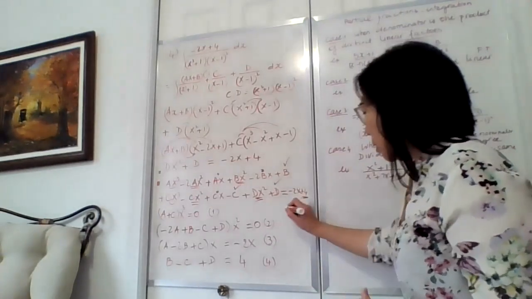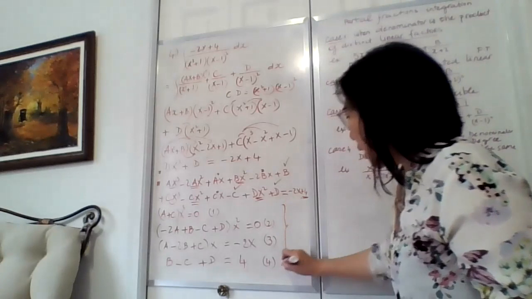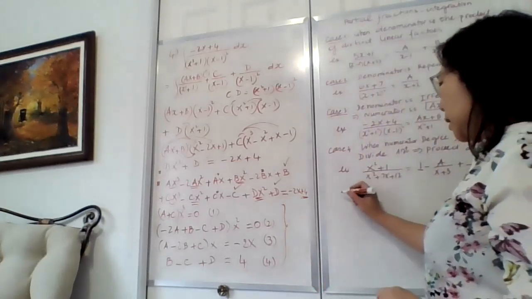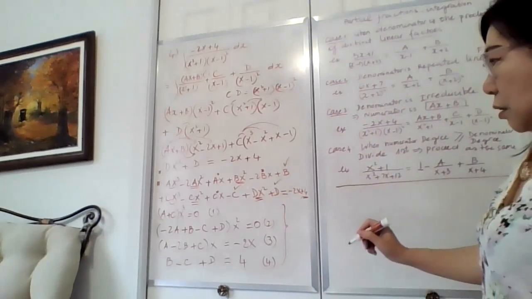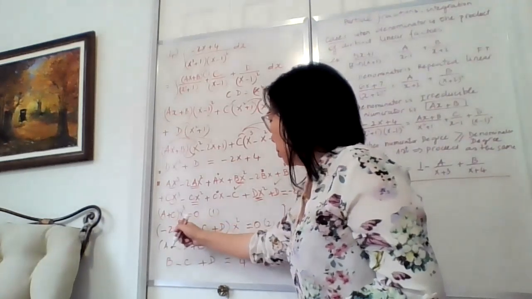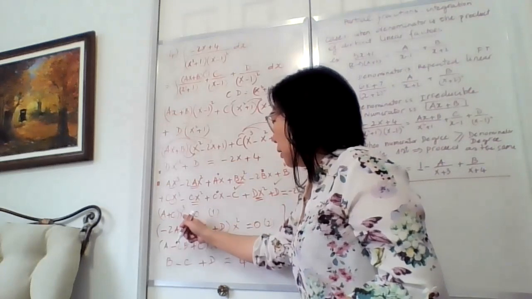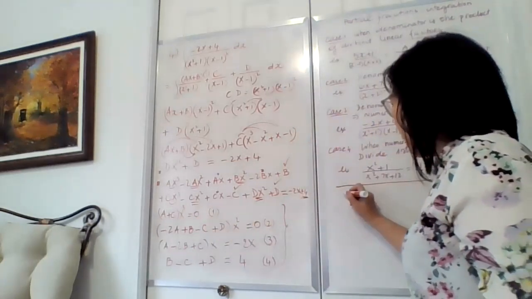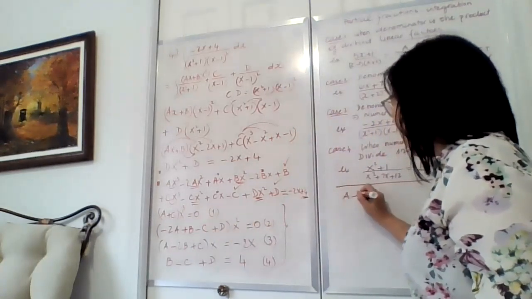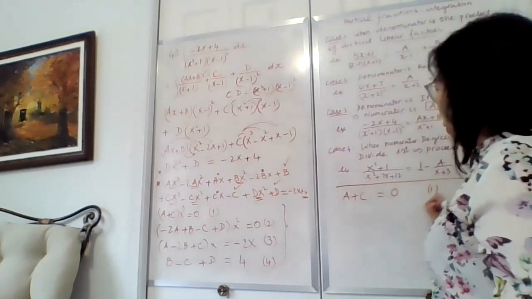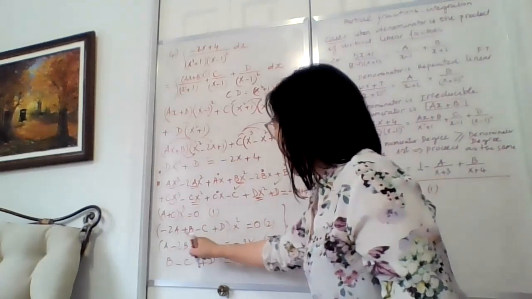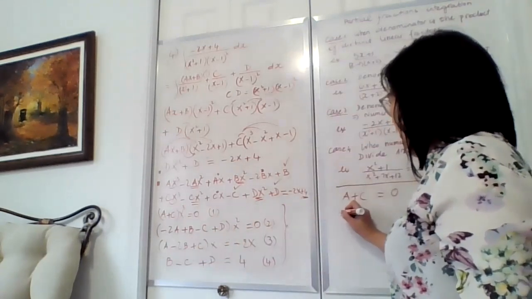So all of this will become my focus now, to solve for A, B and C. So now I'm going to just get rid of x to the power 3. We don't have that, but I know A plus C will be equal to 0. That's my first equation.